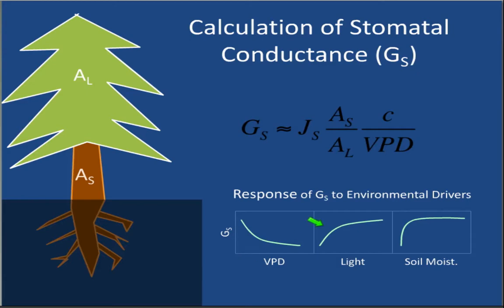As light increases, stomatal conductance generally increases since CO2 is needed inside the leaves for photosynthesis. And at low soil moistures, we often see a steep decrease in stomatal conductance as the tree starts restricting its water use so that demand does not outstrip its ability to take water up from the soil.